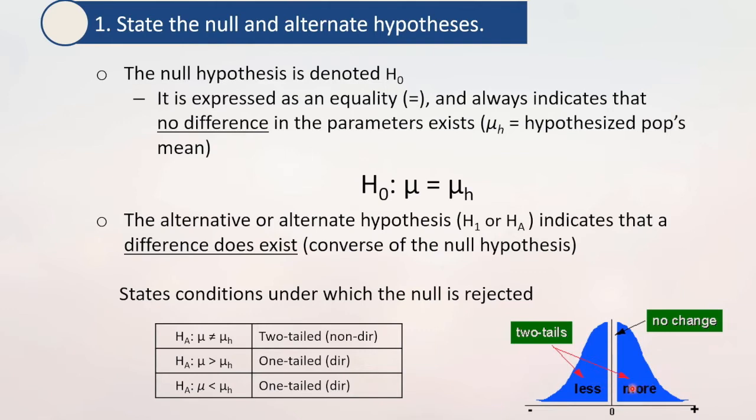So in this case, our question is: is the mean actually larger than the hypothesized population mean? Or the other one-tail is the lower part, where the mean is actually less than the hypothesized population mean.